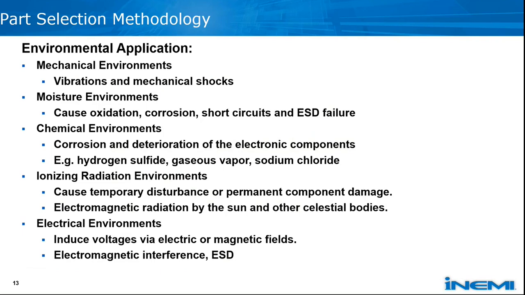We go to the next slide. We also know that there are a number of other environmental conditions that we have to consider because they also accelerate the degradation. Certainly moisture ingress, mechanical vibration, shock.